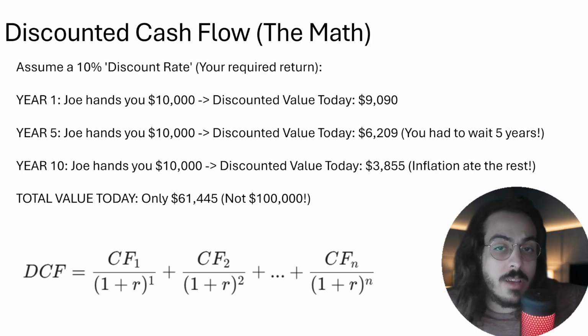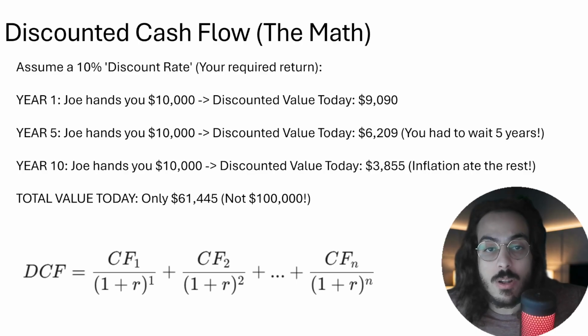In year 1, Joe gives you $10,000. Discounted by 10%, that's worth $9,090 today. In year 5, you have to wait a long time, so that $10,000 is only worth $6,209 today. And by year 10, inflation and opportunity cost has eaten up almost the whole amount.